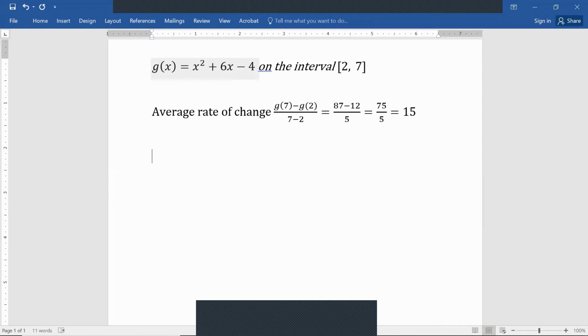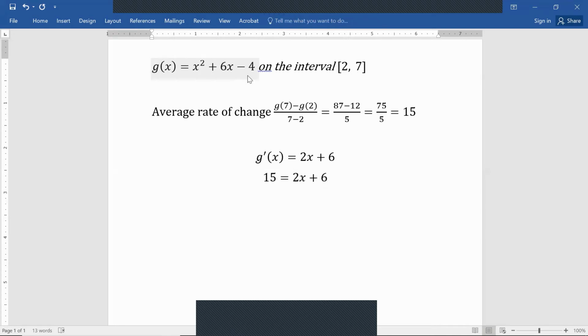If I want to find the point at which the average rate of change is equal to the instantaneous rate of change, I simply need to take the derivative of g. Because this is differentiable, I get a nice function, 2x plus 6. I can set that equal to 15 and solve for x.